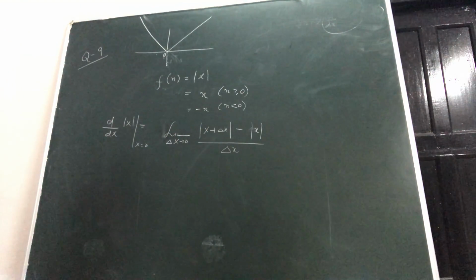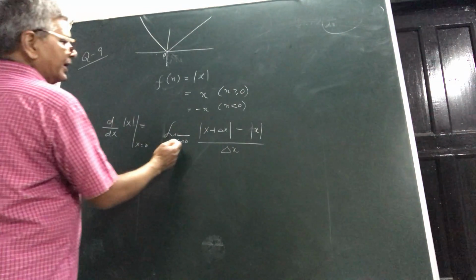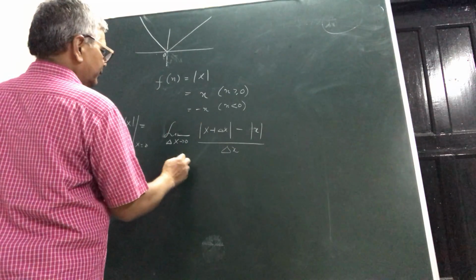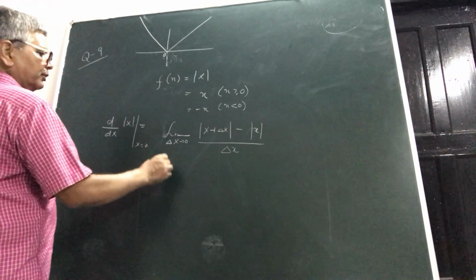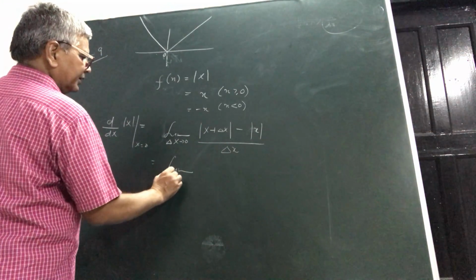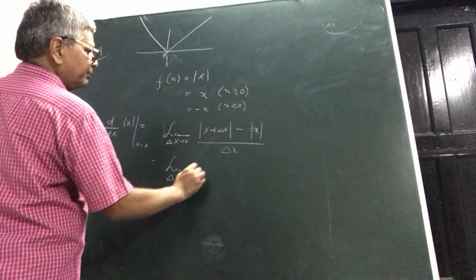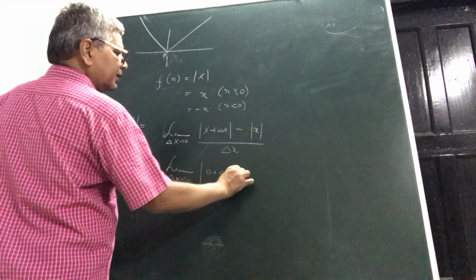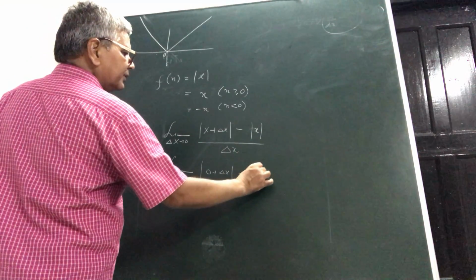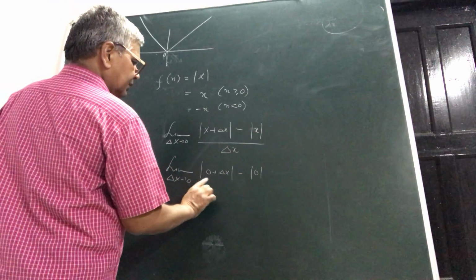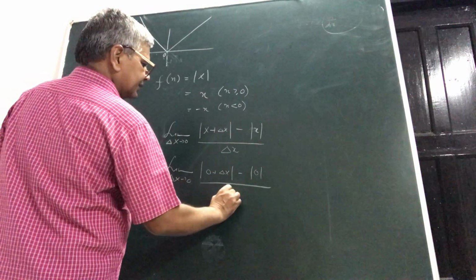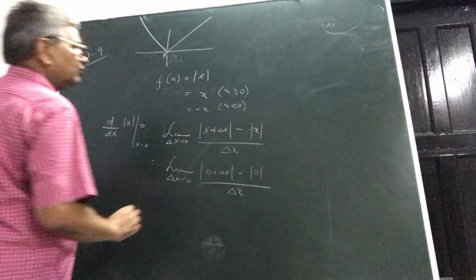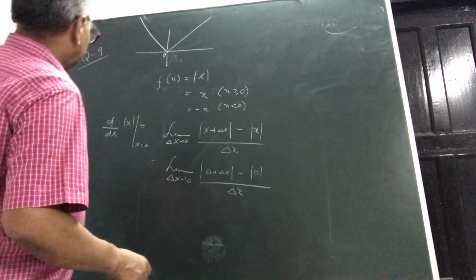This is what you have to do. If x is 0, then in place of x you put 0: limit delta x tends to 0 of mod of 0 plus delta x minus mod of 0, upon delta x.